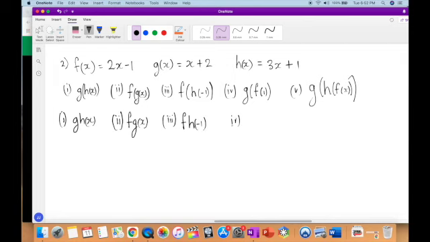This here is the g of the f of 1. And this here is the g of the h of the f of x itself. Right? So, just take a screenshot. Tell me when you're done, just say shot.